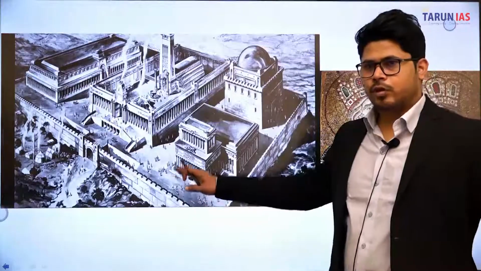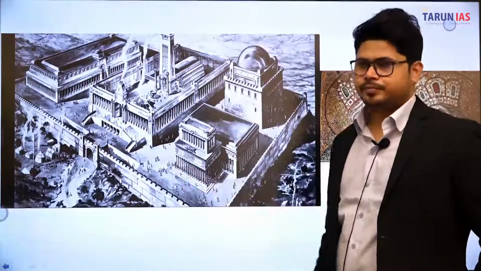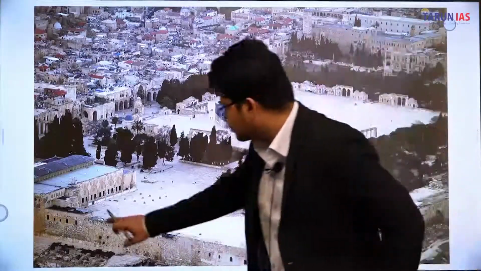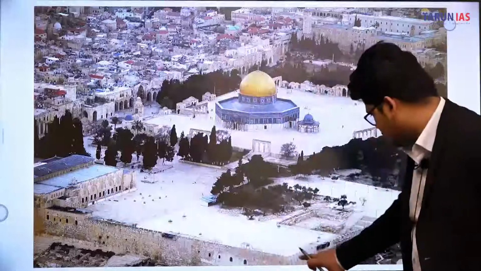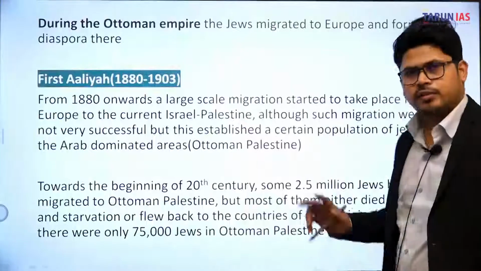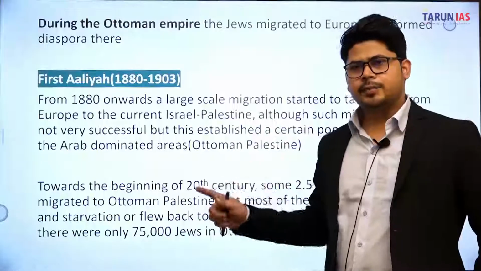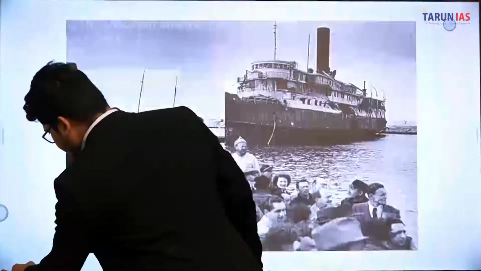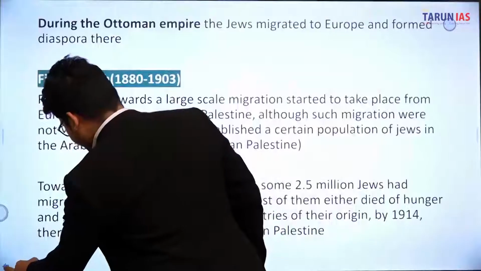It was destroyed, but you can see the remnants. This wall is the remnant of the second temple. The second temple was at the exact same place where the first temple was present.